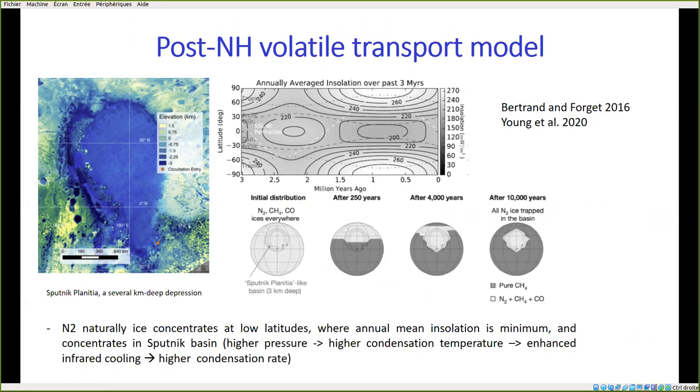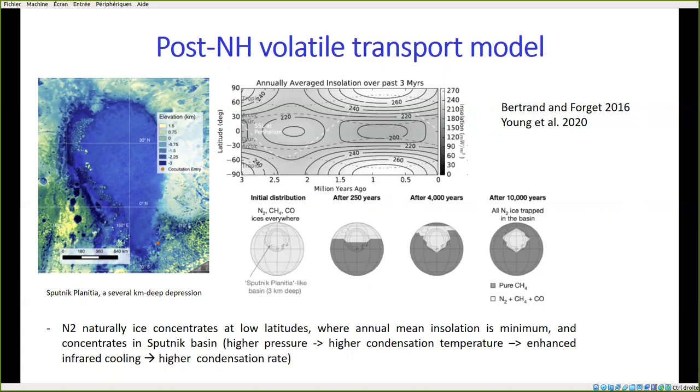And in fact, although it was initially surprising to find this depression at low latitudes, it was quickly understood that this is an expected outcome of atmosphere-surface exchanges on the long term. Because essentially, given the orbital parameters of Pluto, it turns out that on an annual average, it is the low latitudes that experience a minimum of insolation. Therefore, this is where nitrogen ice will tend to accumulate.